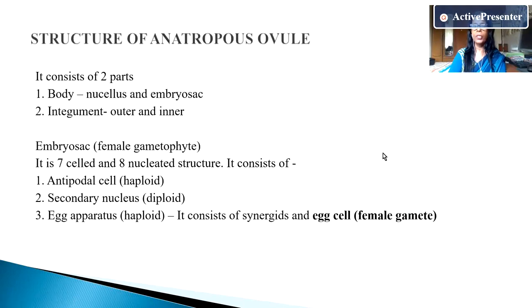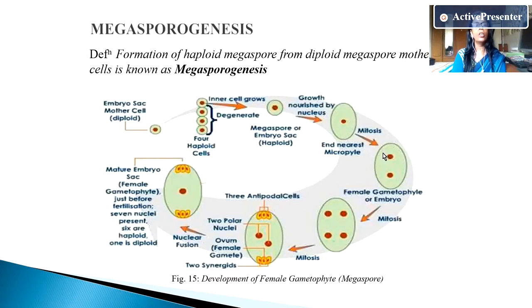How is it produced? See here, one of the cells of the nucellus undergoes meiotic division and produces 4 haploid cells. Out of these, 3 degenerate and 1 forms the megaspore mother cell.